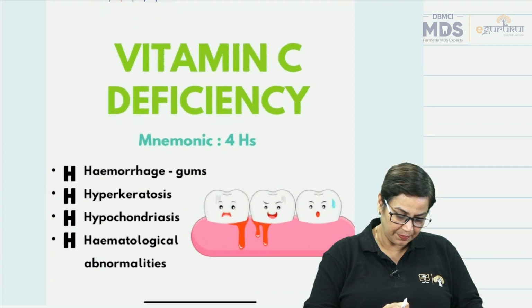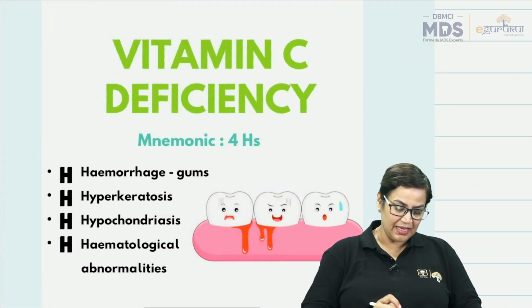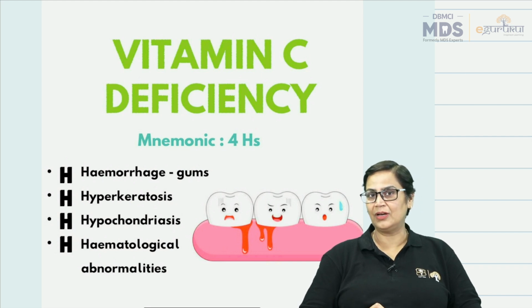See, 4H, deficiency of vitamin C: hemorrhage, hyperkeratosis, hypochondriasis, and hematological abnormalities. And mainly the reason is defective collagen formation, because it is required for the hydroxylation of proline and lysine.